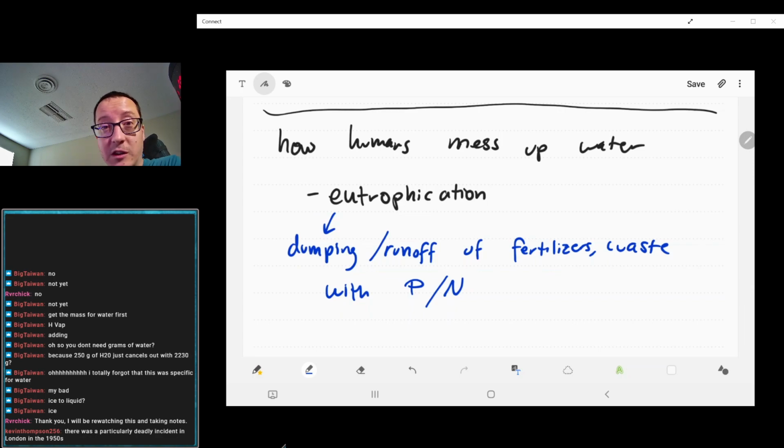Nitrogen is a very important component of fertilizers. It's very important for plants, but when that runs off, as in rain comes and washes some of those nitrogen-containing compounds into ponds and lakes, they can go through a process called eutrophication.